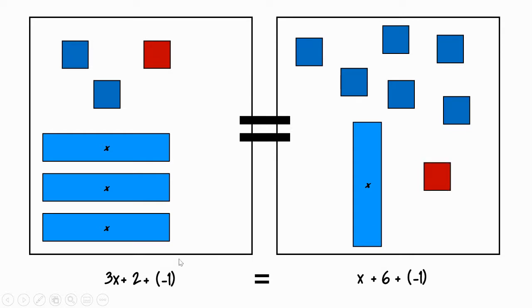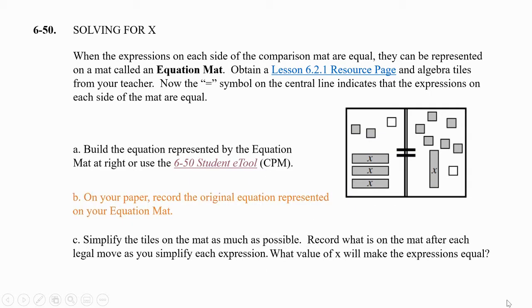So altogether, I have 3x plus 2 plus negative 1 is equal to x plus 6 plus negative 1. That is actually part B on your paper. Record the original equation represented on your equation mat. So that's asking for the equation we just said: 3x plus 2 plus negative 1 is equal to x plus 6 plus negative 1.